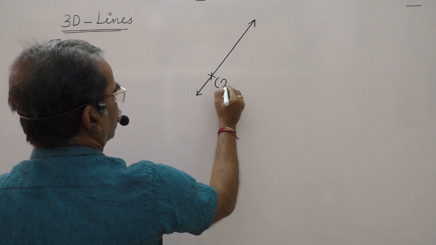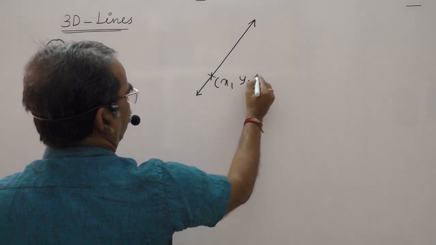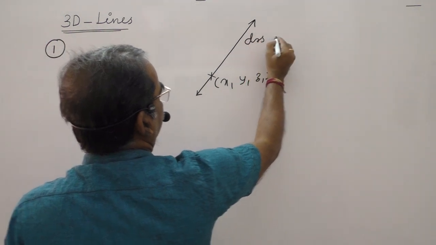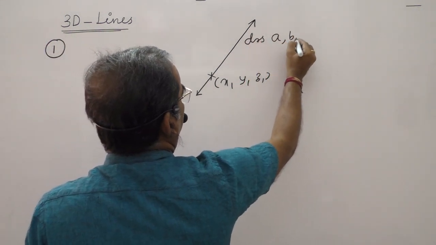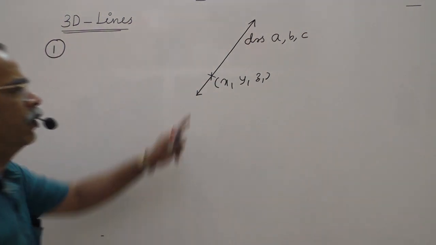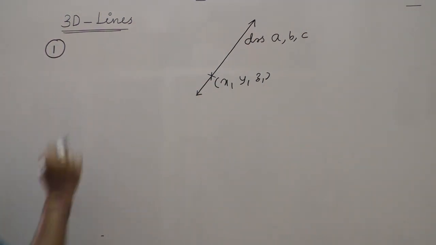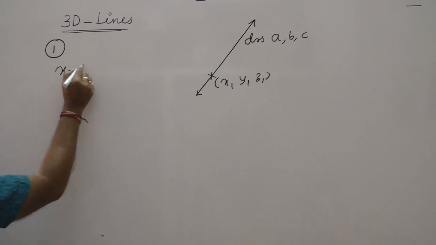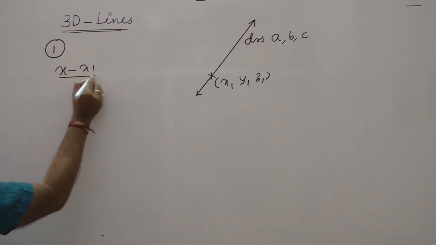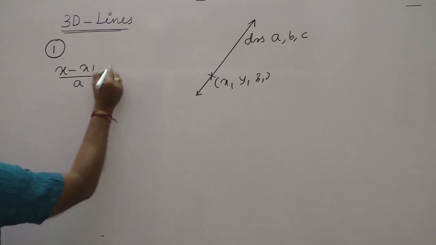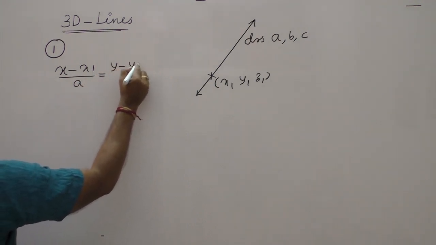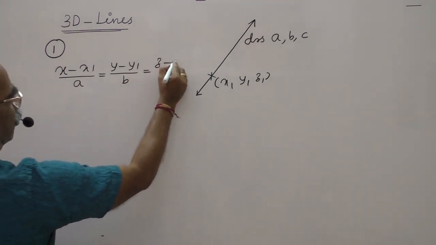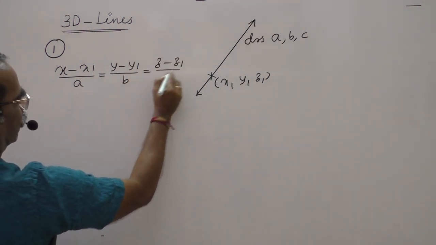This line is passing through the point x1, y1, z1 and the DRs of this line are a, b, c. If a point on the line and DRs are given, then the equation of the line is (x minus x1) by a is equal to (y minus y1) by b is equal to (z minus z1) by c.